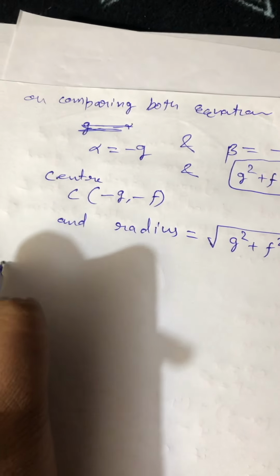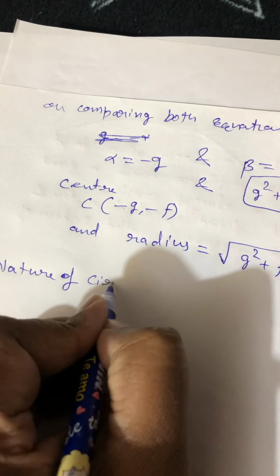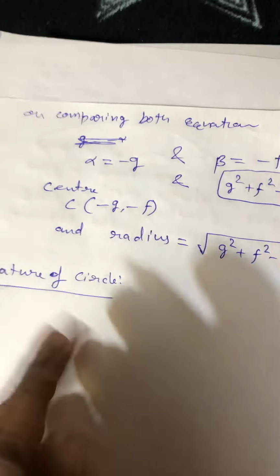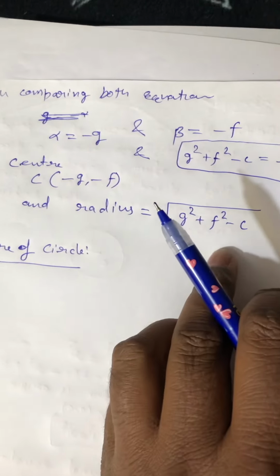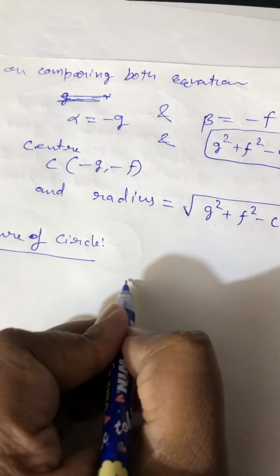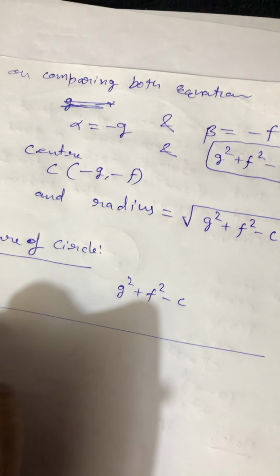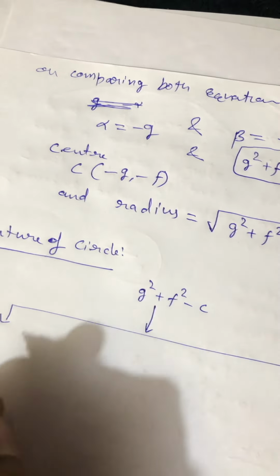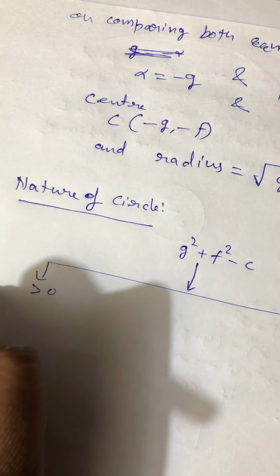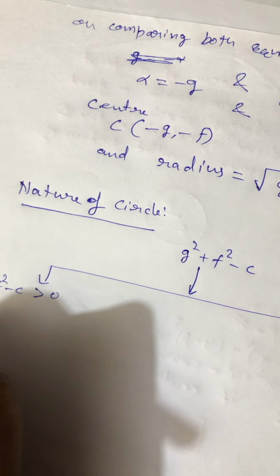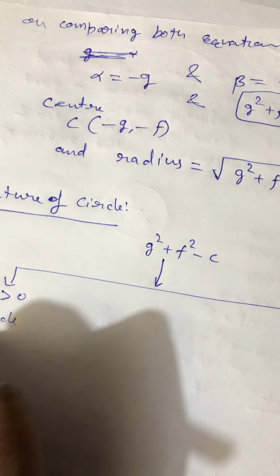Now we will discuss the nature of the circle. The nature of the circle basically depends on the value under the root, g square plus f square minus c. So g square plus f square minus c will have three types of natures. First, if this is greater than 0, then the circle is real.